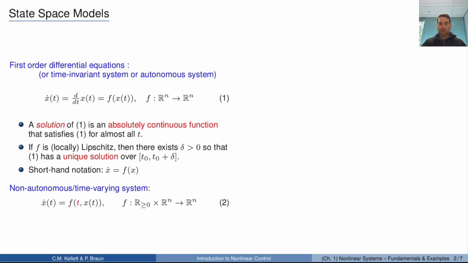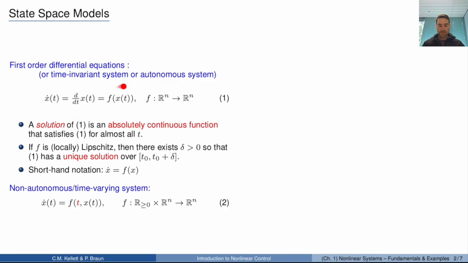The models we are going to be working with are predominantly state space models represented through first order differential equations. What does that mean? Well, it means we have a state x, and on the left hand side here we have the time derivative of that state. x is a function of time, and x dot represents the shorthand notation for d over dt.